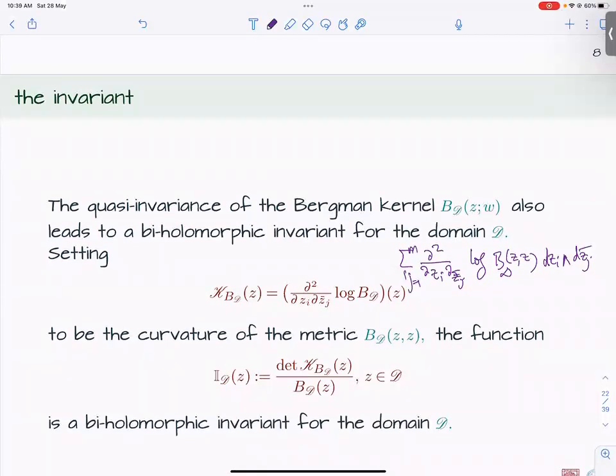This is what is called a 1-1 form, and very strictly speaking, the curvature that occurs in complex geometry is actually a 1-1 form, and it's of this form. But to keep our exposition simple, I'm not going to worry about this.